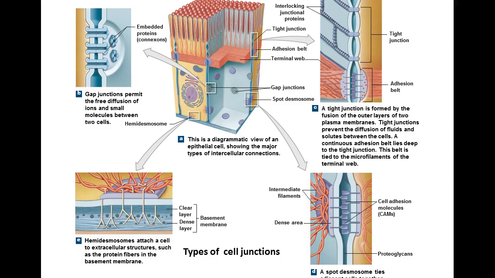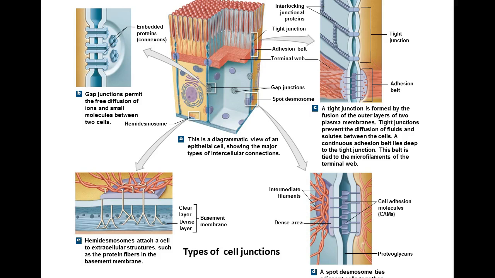These cellular adhesion molecules are how these epithelia attach to each other, and then what you'll have are types of junctions interspersed amongst these types of adhesions. We are talking about the tight junction.